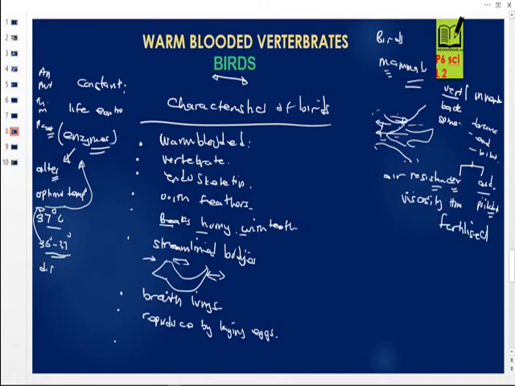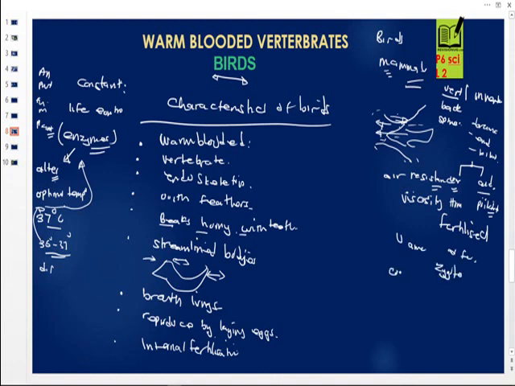Which type of fertilization do these birds have? These birds have what we call internal fertilization. Remember, fertilization is the union of a male gamete and a female gamete to make a zygote.